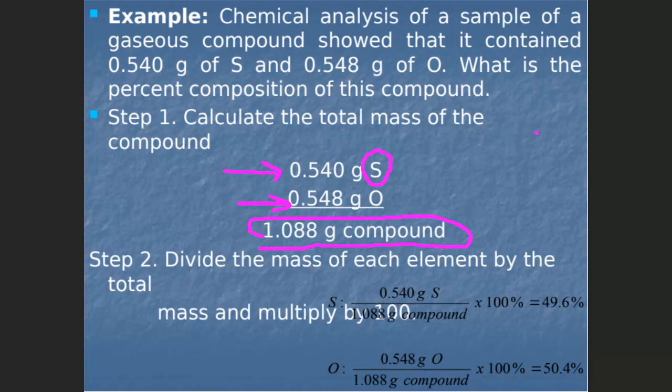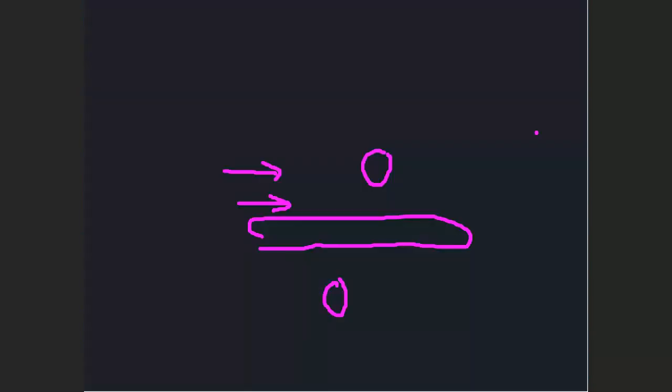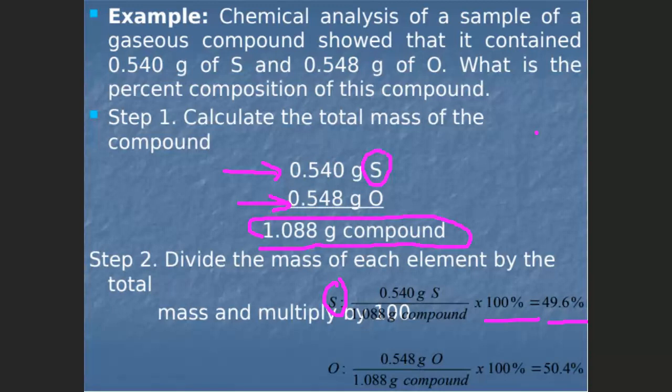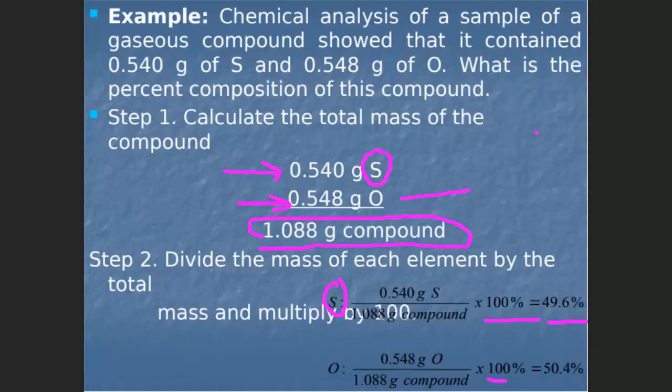Here we go: 0.54 gram sulfur divided by the total amount, times 100. So 49.6%. For the oxygen, you have 0.548 gram oxygen divided by the total mass of the compound, times 100. You get 50.4.